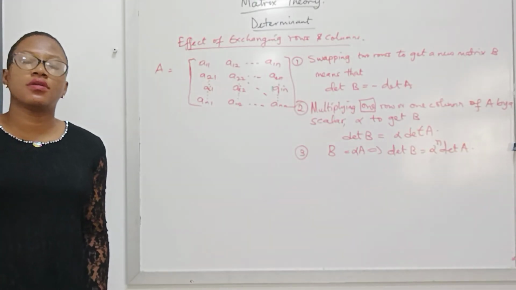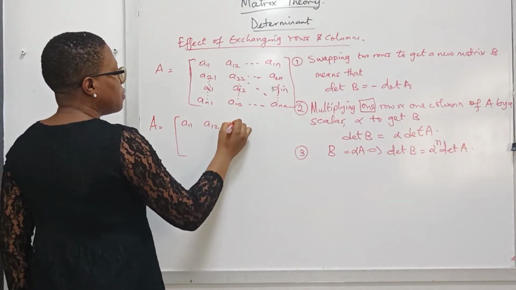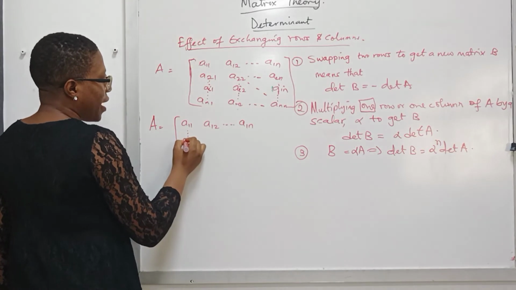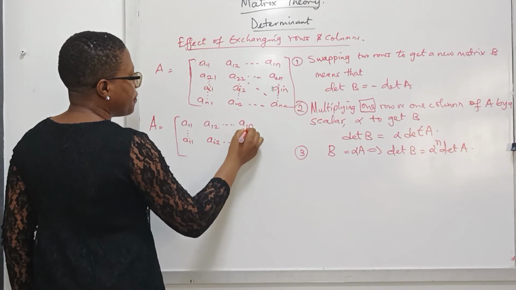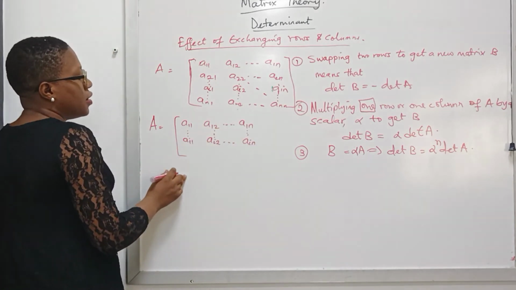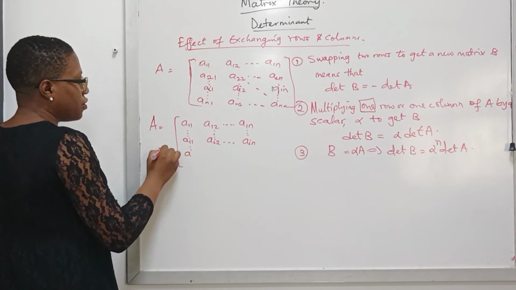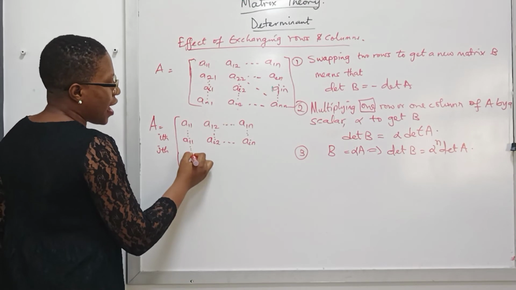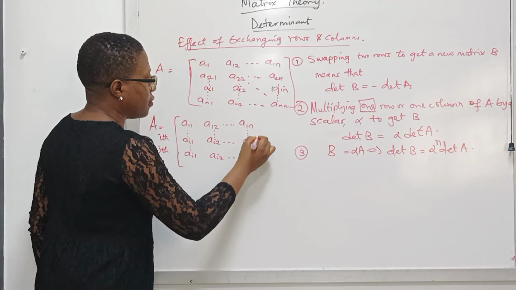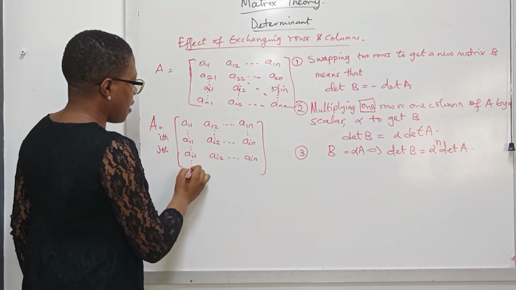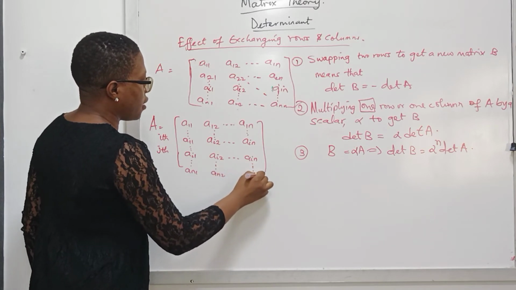Do you understand? So if I have A equal to A11, A12, up to A1n, and some i row to be AI1, AI2, up to AIN, and then another row, maybe the j row, which is still AI1, AI2, up to AIN, and then up to AN1, up to AN2, up to ANN.